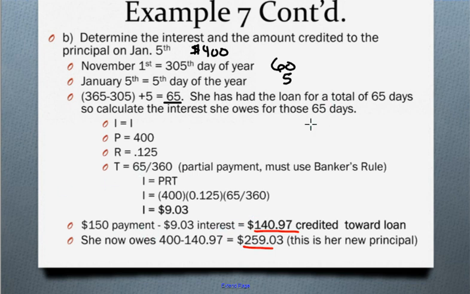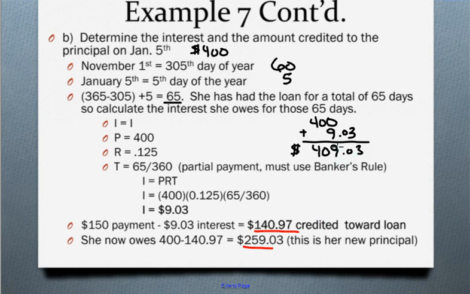If she owes $400 and she walks into the bank, they would say, you know what, $9.03 worth of interest has happened. So, Kathy, if you would like to walk out of here scot-free and not have any more debt with us, you would owe us $409.03. And Kathy says, oh, cool, great.